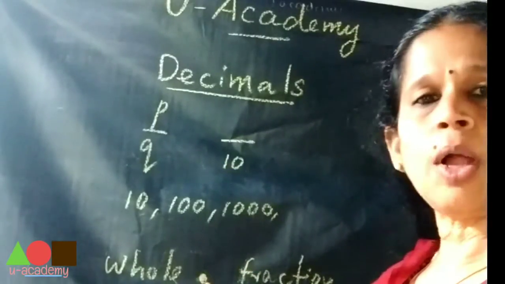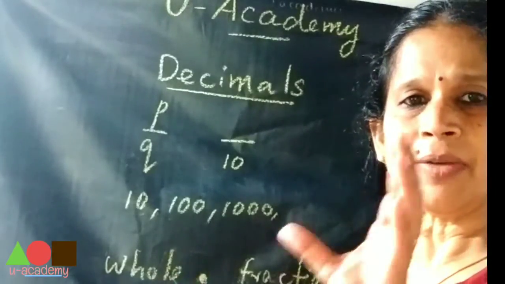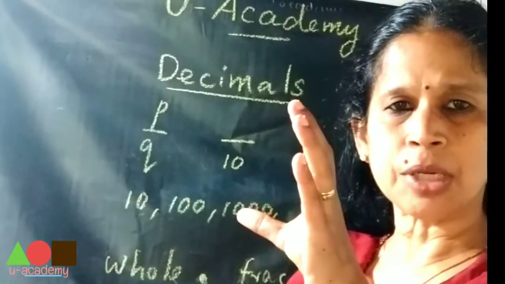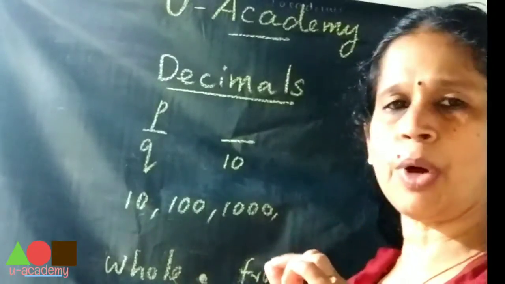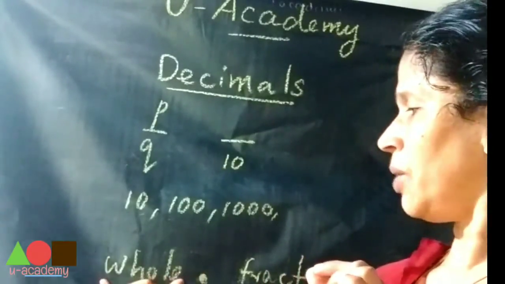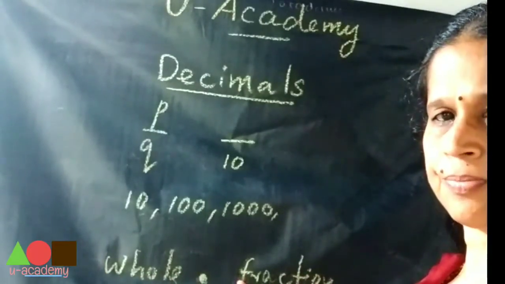This dot we call decimal point. So in a number there will be a whole part number and a fractional part number. It will be separated by a decimal point. So this part we call whole number part and this number we call fractional part.